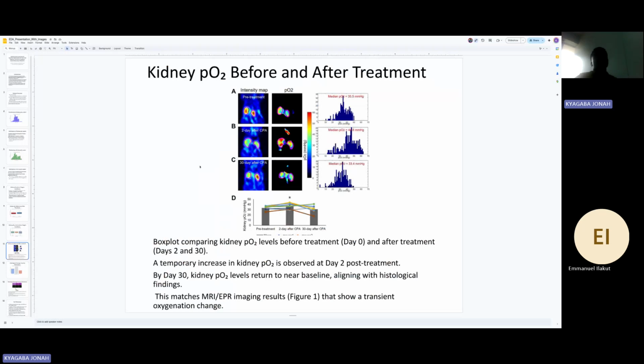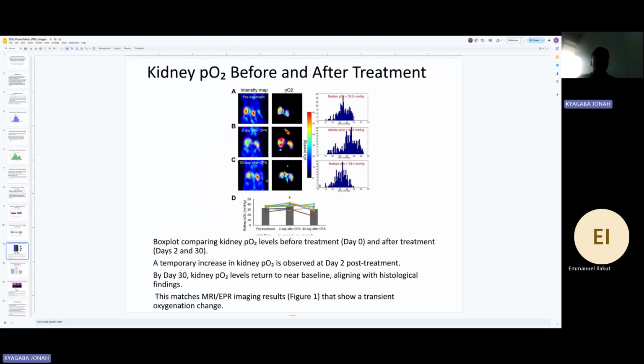This is a box plot where we are trying to compare the treatment at day 0 and after treatment, that is after 30 days. At day 0 we see this one of the kidney, and then this is after treatment.